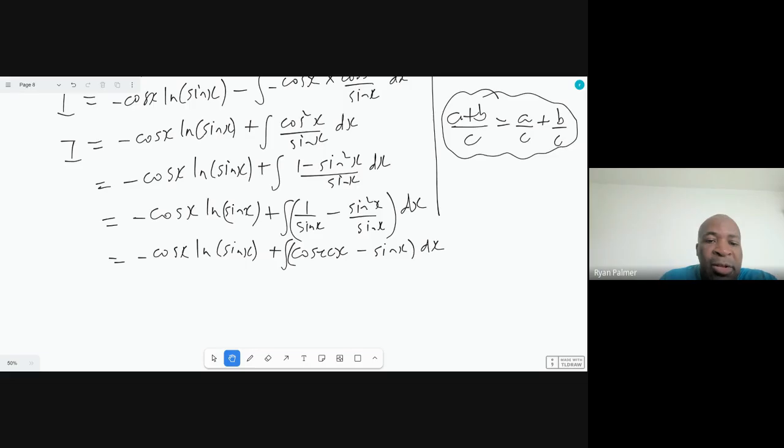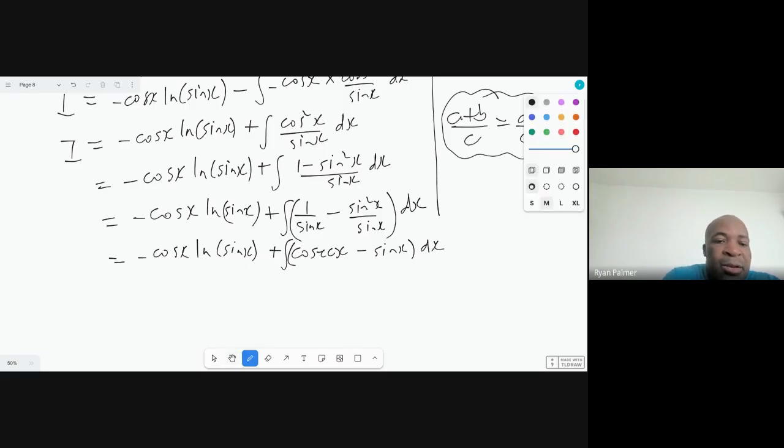Now we can simplify this. So this is minus cos x ln sine x. Now, if you're not sure of the integral of cosec x, you can go to the formula booklet. If you're doing Edexcel, you can check for the standard integrals.